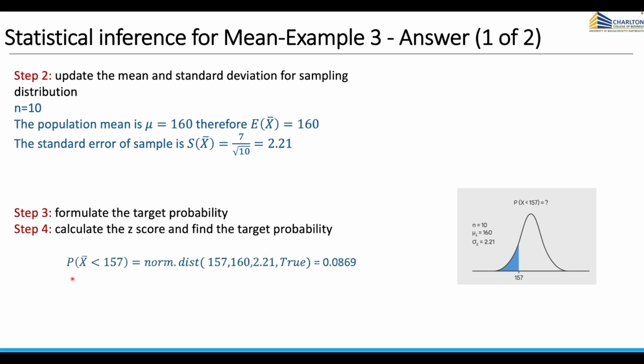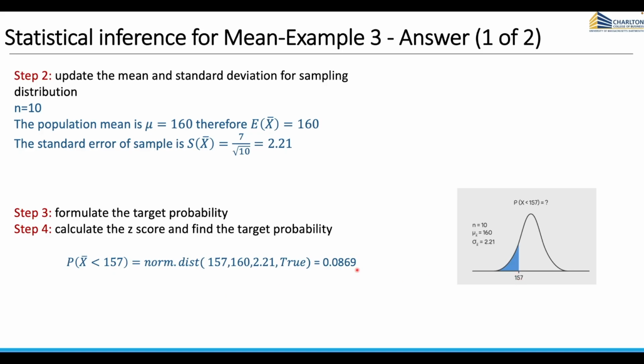Now, we are looking at the probability that the average height of the Americans is less than 157 centimeters. In other words, if this is the sampling distribution, we are looking at this blue area showing that x bar, or the average height, is less than 157.